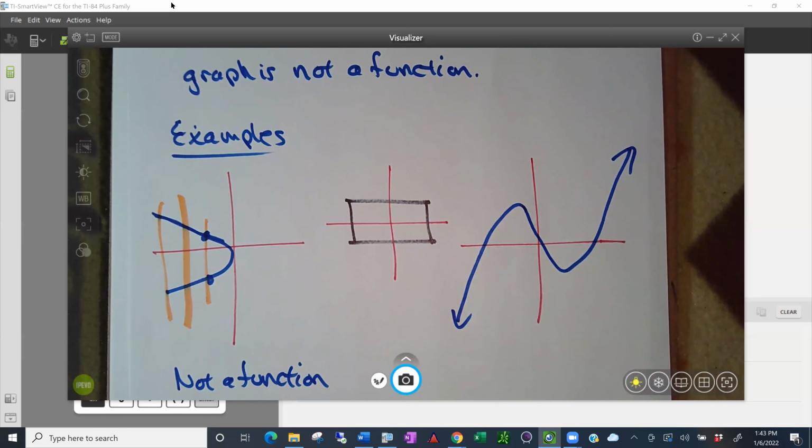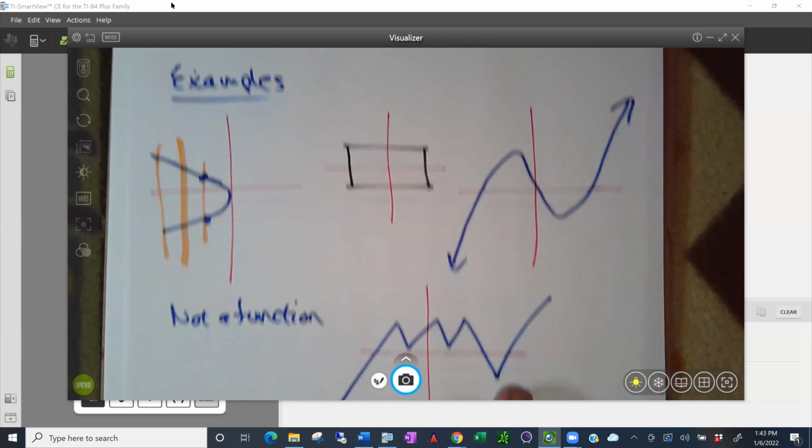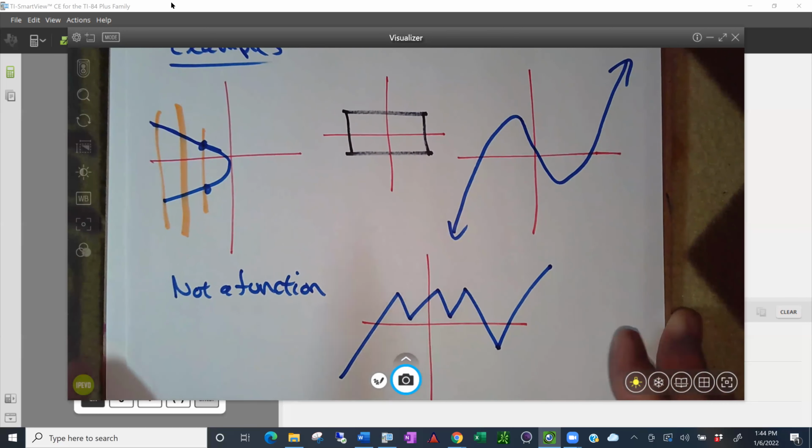And then one last one, which I don't have a name for. This is just my whim at the moment. Something like that. Now, I'll give you a second. You can pause the video if you'd like and try and decide which one of these are functions.